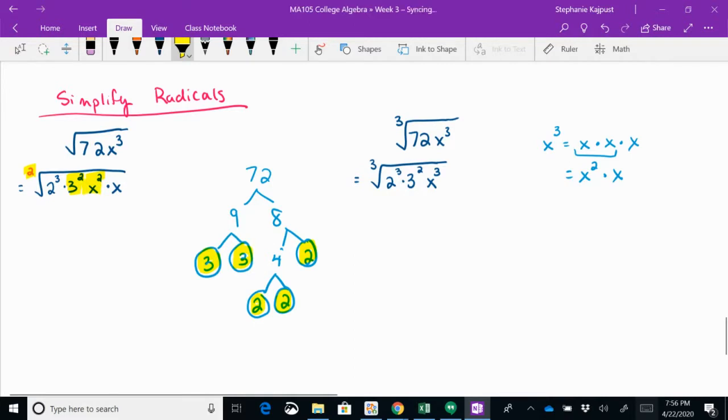And then you're left with what's underneath. So like the 3 squared, because I have a square root, that can get canceled out, and I'm left with just a 3. And then the x squared, that can get canceled out because I'm taking a square root, and I'm left with just an x. And then what I'm left with inside is this 2 cubed times x.